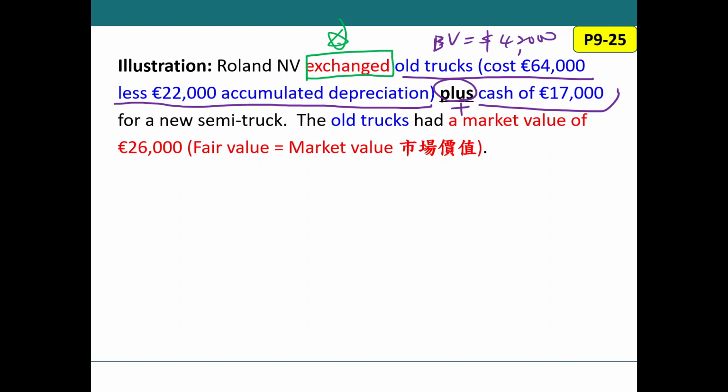Okay? And for the old truck, on that day have a market value $26,000. So your old truck also have a market value. On that date is $26,000. So what does it mean?